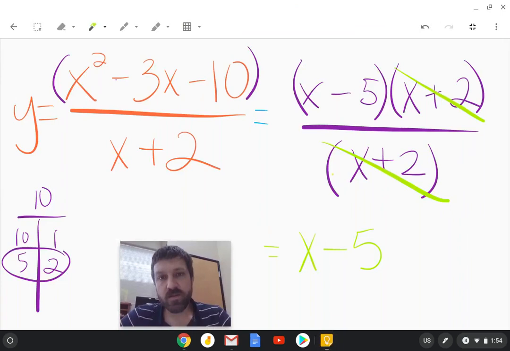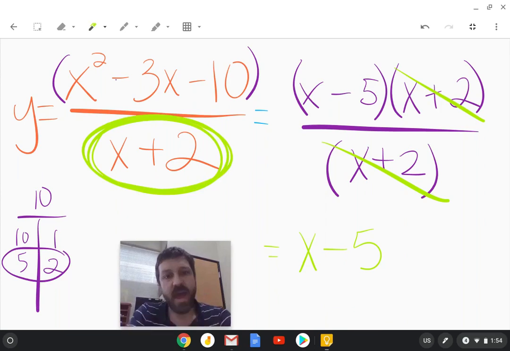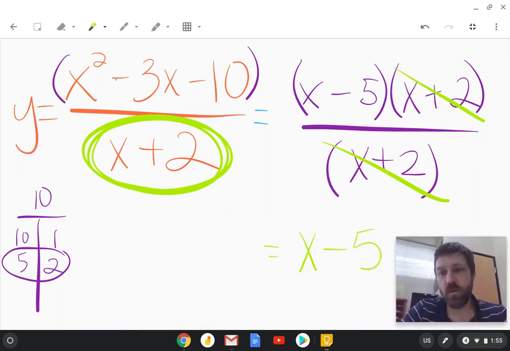So what does that mean? Well, what it means is that the graphs of these rational functions have to take into account this thing that's in the denominator. That thing in the denominator tells me that there is some issue at -2 on the graph. So why is that?